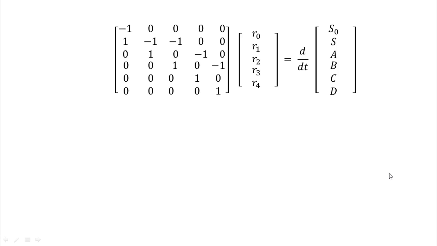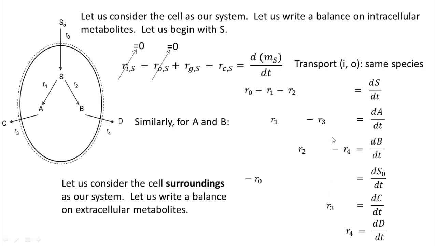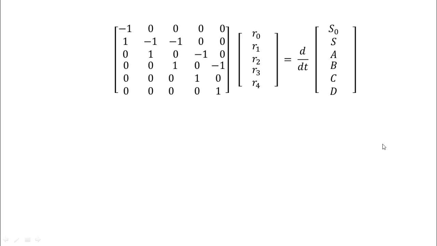I'll show you one more thing. R0 minus R1 minus R2, the rest of the terms are 0, equals d/dt of S. If you remember, that was the first equation. R0 minus R1 minus R2 is dS/dt. One more equation just for completeness, and then we'll go forward.